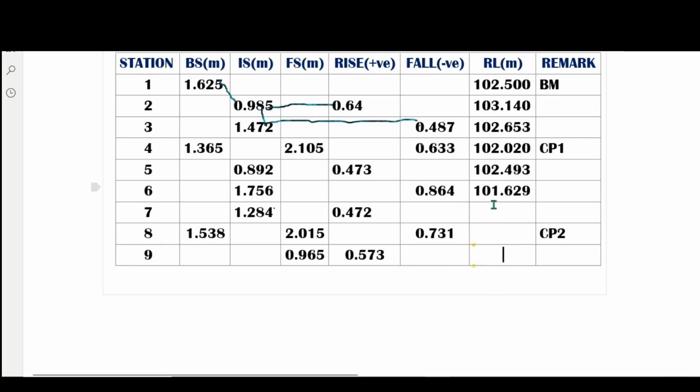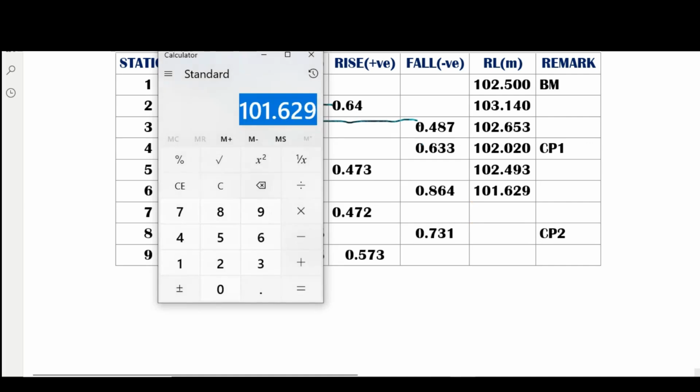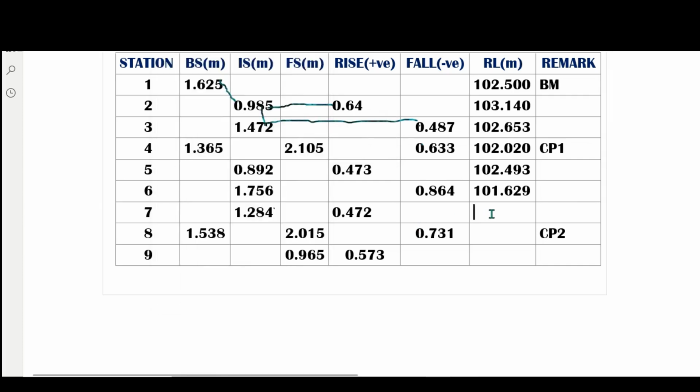This is 101 point something, and then the next number is addition. So you add it to this particular one, plus 0.472, and that is equal to 102.101. You can see the height is not that big.